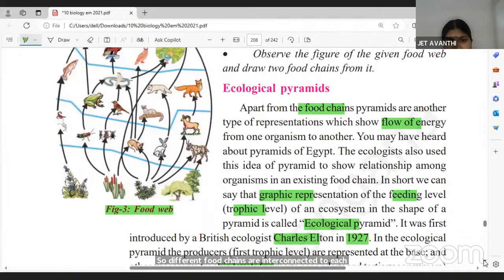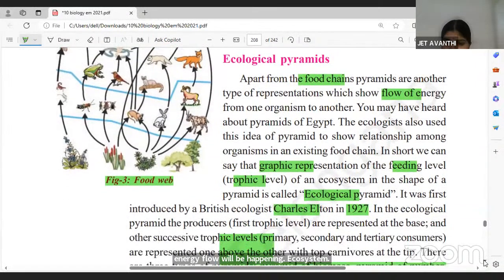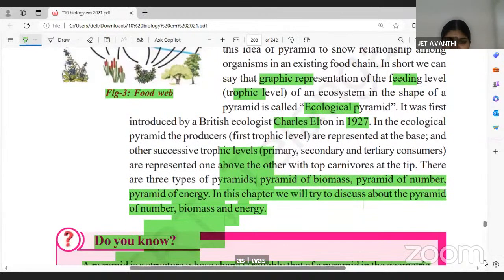The next is the ecological pyramid, as I was telling you just a few minutes back. This is also one of the ways to represent how the energy flow happens in an ecosystem. This concept was first proposed by Charles Elton in 1927. We have different types of pyramids, children: pyramid of biomass, pyramid of energy, and pyramid of number.